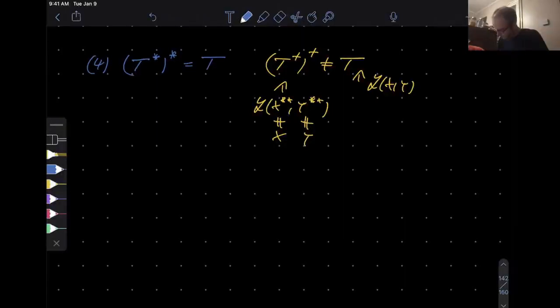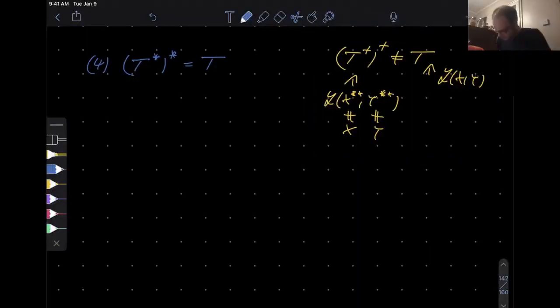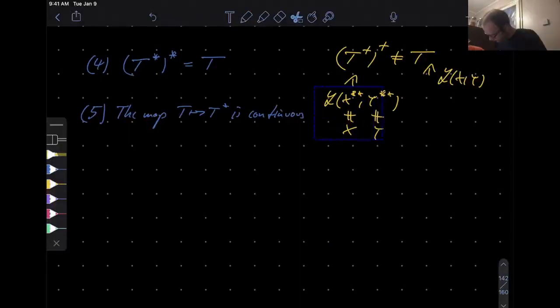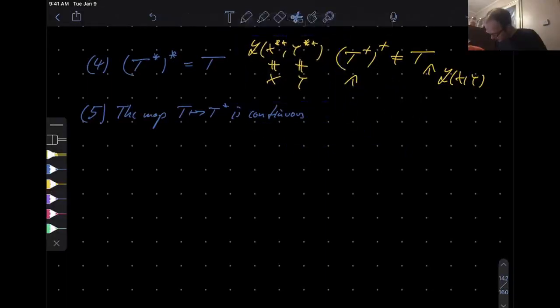Fifth: the map T goes to T star is continuous in the weak and uniform operator topologies.